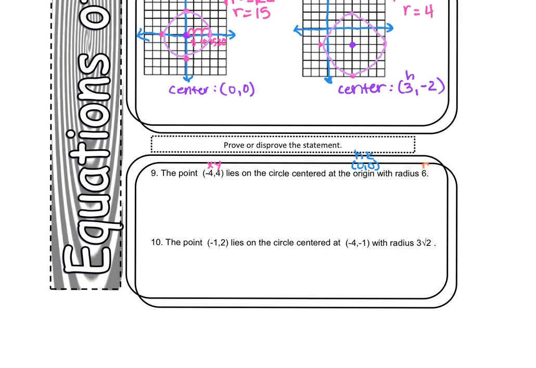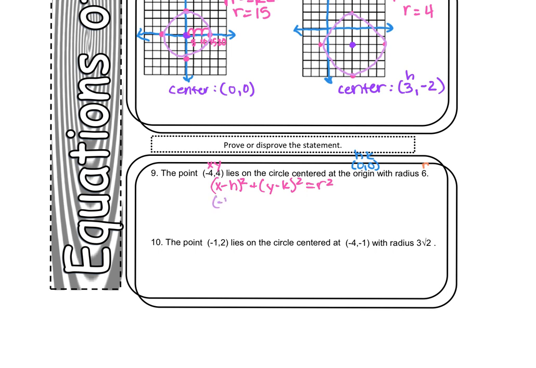So we're essentially going to plug this into the equation and see if it's true. All right, so I'm going to first write out my x and my y, my h, k and my r into the equation and see if what we have is true. So we have x minus h squared plus y minus k squared equals r squared, and then I'm going to plug everything in.